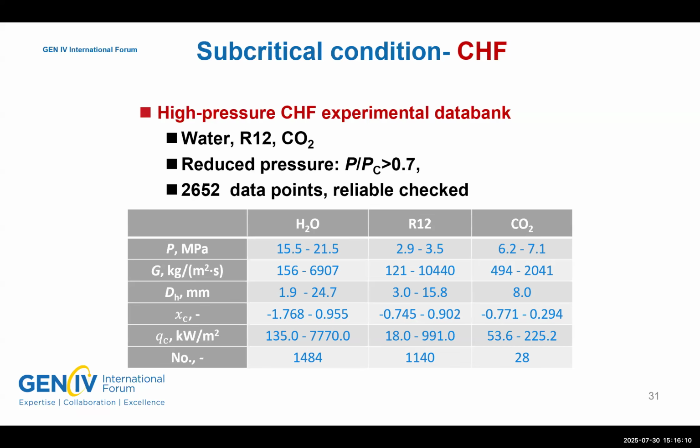Numerous CHF prediction methods have been proposed so far, but few of them address the high pressure region. I mean that most of them are around 15 megapascal or 7 megapascal, the conditions of the PWR and BWR.